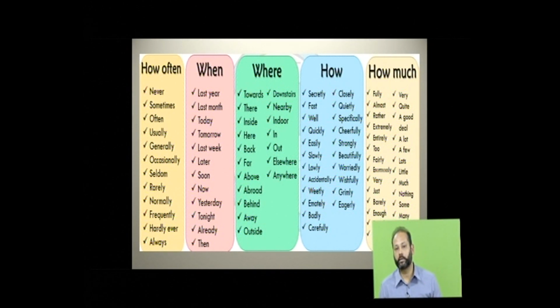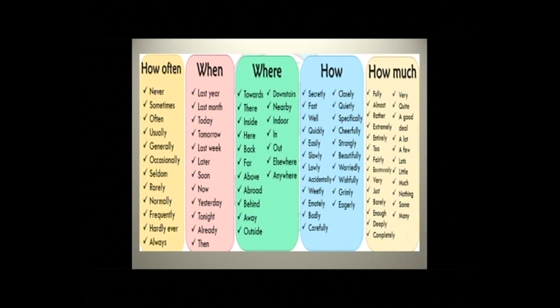Then how is the manner, how something happened, that also is adverb. Secretly, fast, well, quickly, easily, slowly, accidentally, weakly, badly, carefully, closely, quietly, specifically, cheerfully, strongly, beautifully, worriedly, wishfully, grimly, eagerly. How something happened.